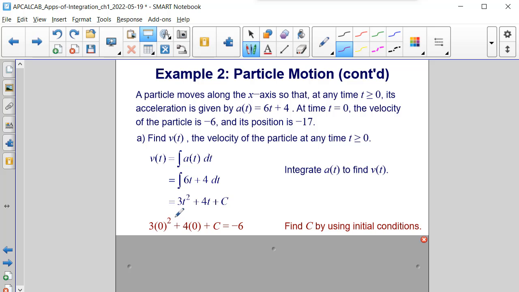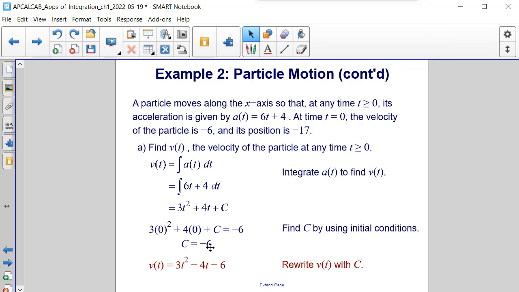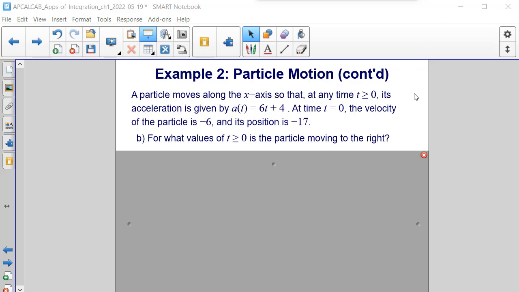Same with 4 times 0, that goes away. So we have simply that c is equal to -6. And once we have that c value of -6, we can easily substitute it back into our velocity function in place of c. So therefore, v of t is equal to 3t squared plus 4t minus 6.